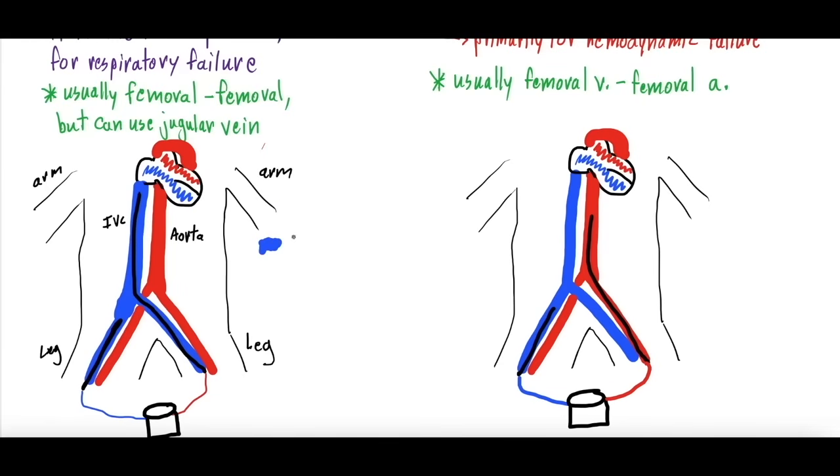The blue are veins, and the red are arteries. Down here, where the aorta and IVC branch, we have the femoral vessels. So we have femoral arteries and veins, and in red you have the artery, and in blue you have the vein.